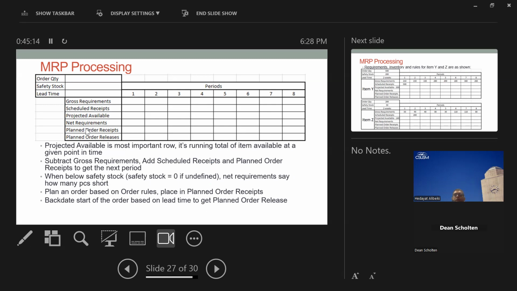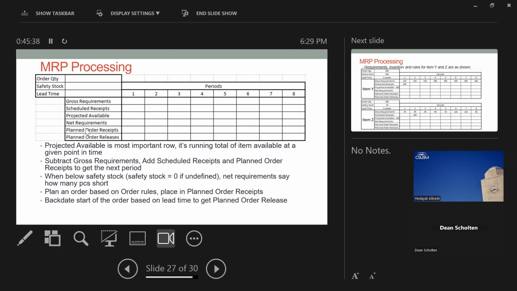There are 3 parameters that are going to be needed, at least 3. First, order quantity, or batch size policy, or lot sizing policy. If there is a minimum order quantity or a standard order size, you need to know that.